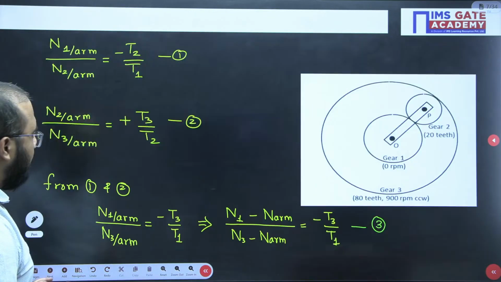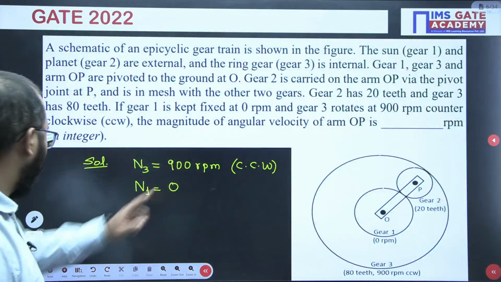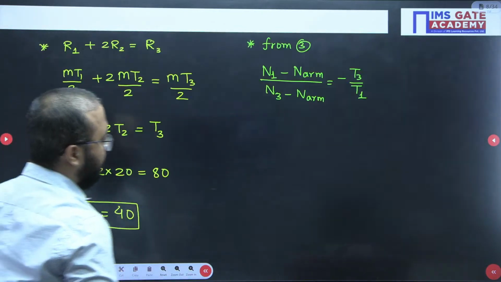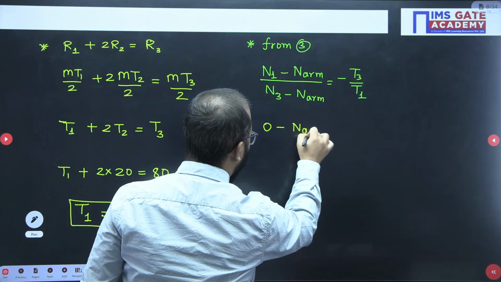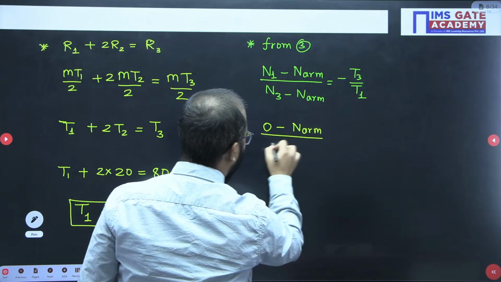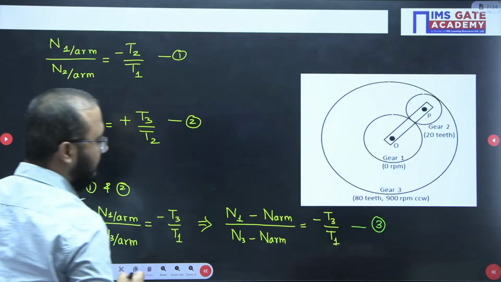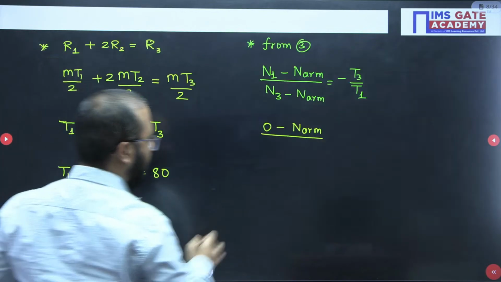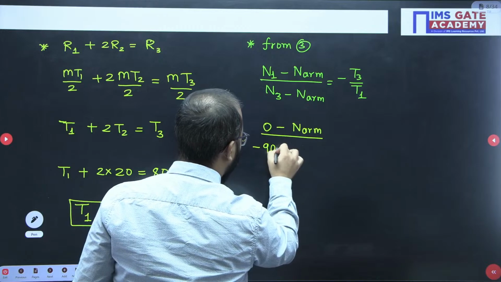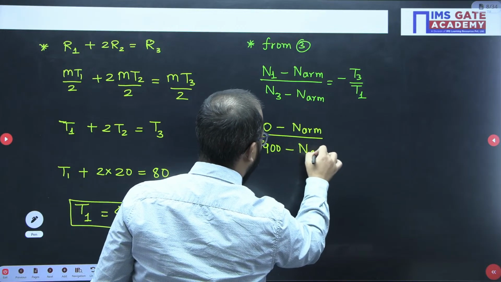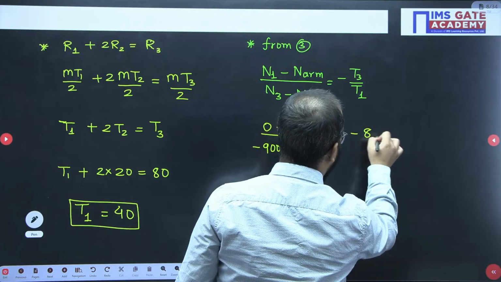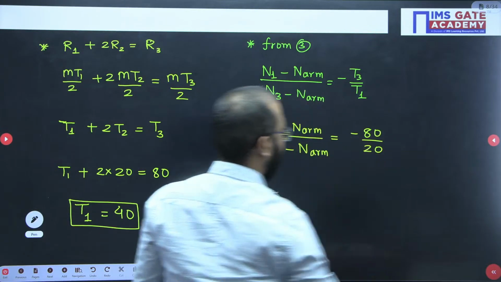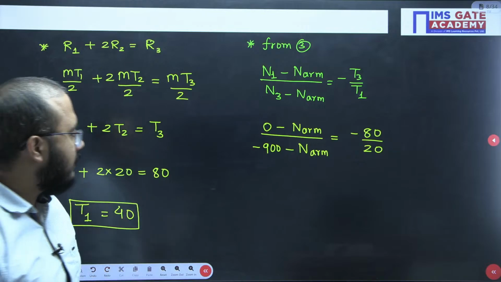Okay, now they are asking for the arm. We need to calculate for the arm. (N1 = 0 minus n_arm) divided by N3, that is 900 RPM counterclockwise, so minus 900 minus n_arm, equals minus 80, the T3 value, over 20. Clear? Very easy.